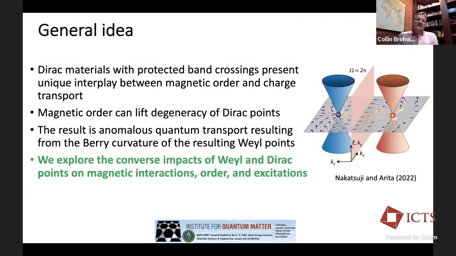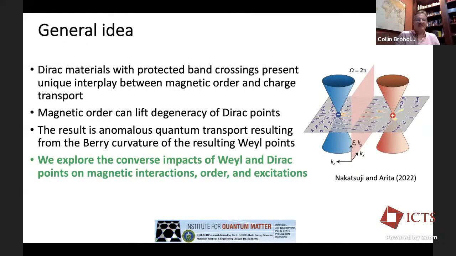The result of this is the formation of anomalous quantum transport properties that result from the Berry curvature of the Weyl points that form from the Dirac point under the magnetic order.